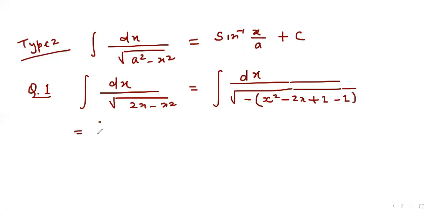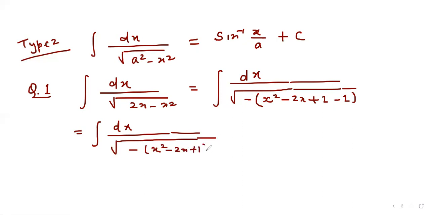So it would become integration dx divided by root of minus x square minus 2x plus 1. And if we write this minus 1 outside the bracket, then it will become plus 1, which is further equal to dx divided by root of 1 minus x square minus 2x plus 1.